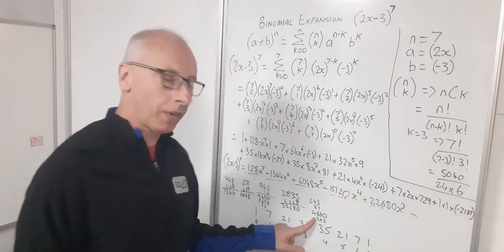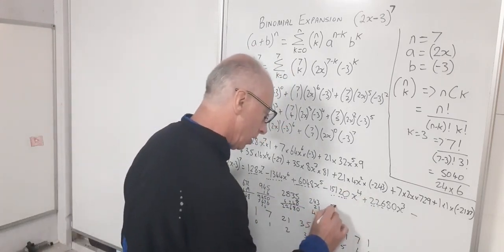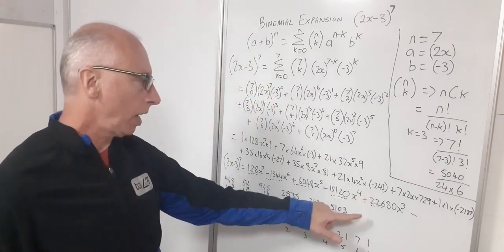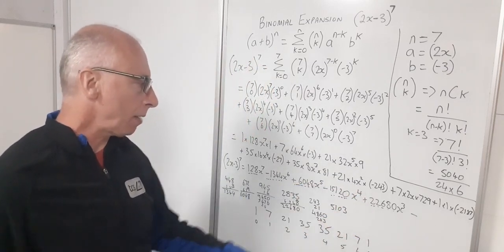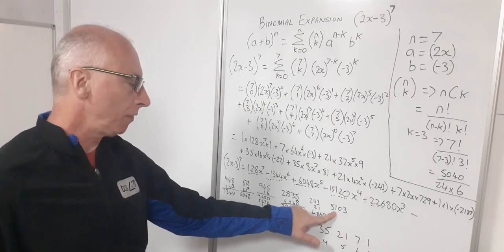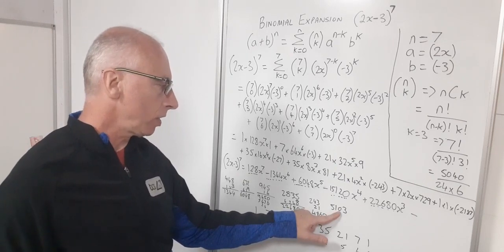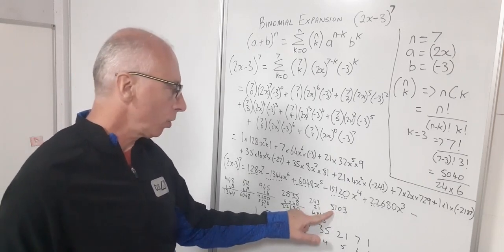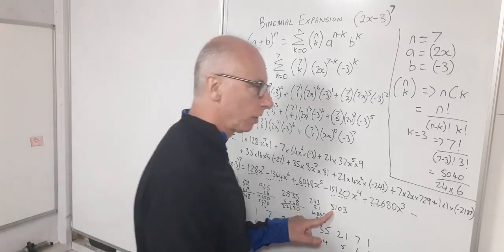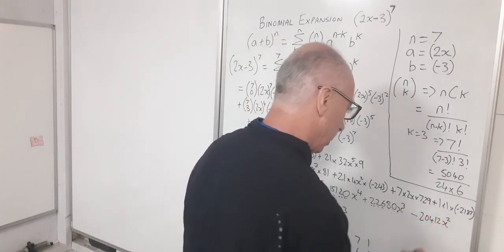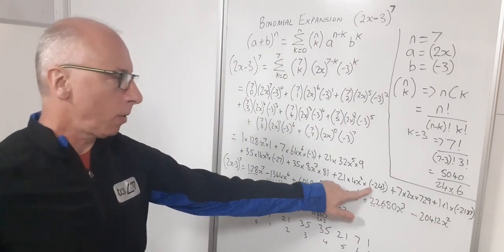Add these together, we get 5,103. And then, because we're still on the x squared, we've got to multiply that by 4. Well, 5 4s are 20. 103 times 4 is 412. So 20,412 x squared. So that takes care of that one.